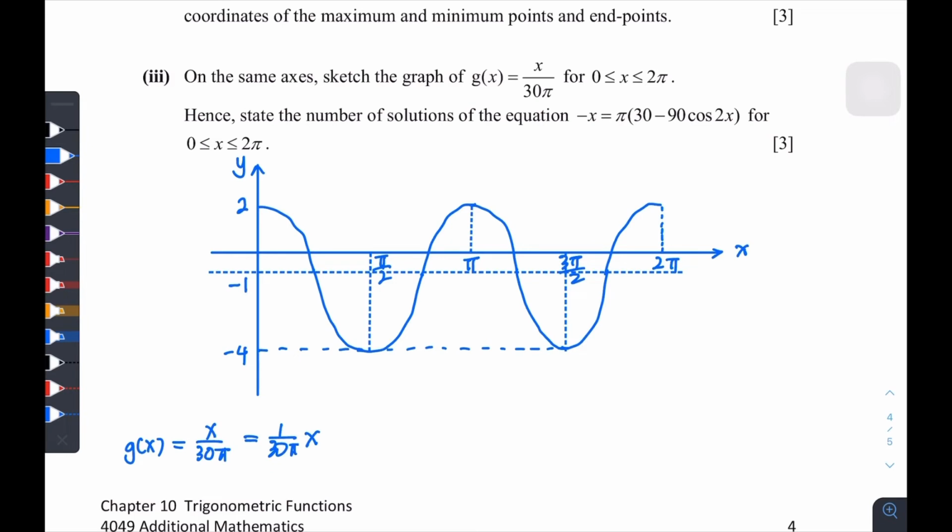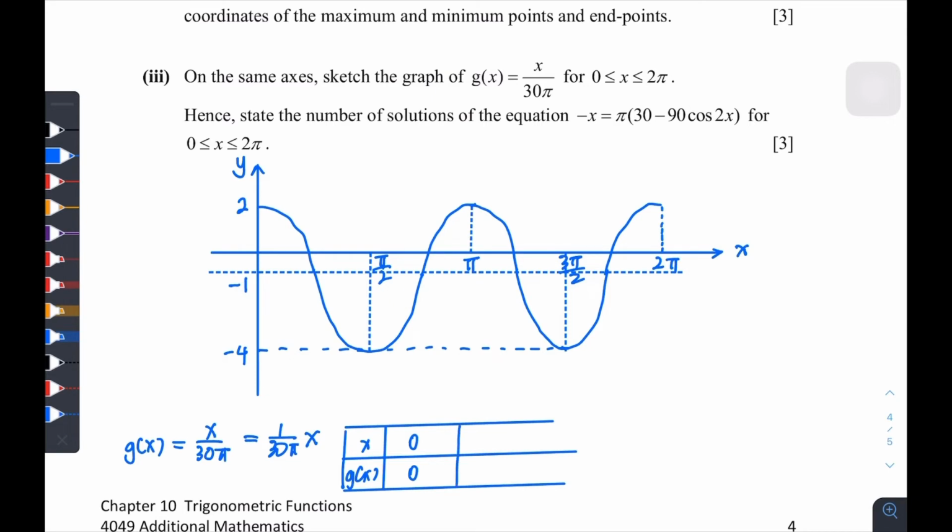So very easy, we just need to find out the 2 points of the graph. Very quickly we set up our table, because for a straight line graph we only need 2 points. When x is 0, g(x) is going to be 0.